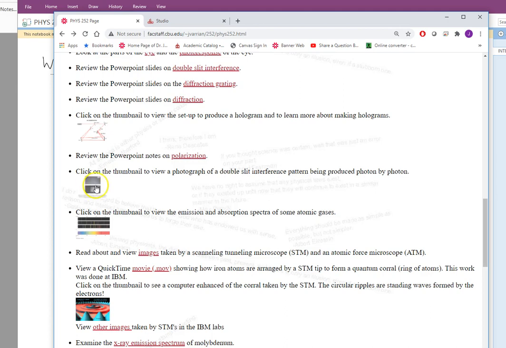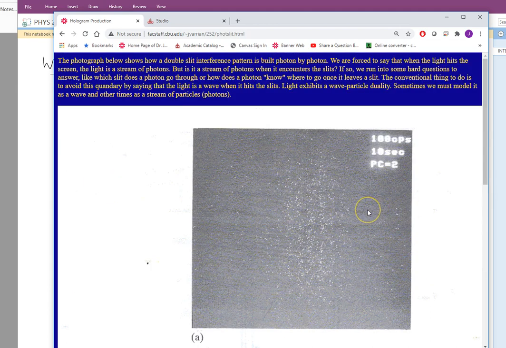But let me show you in this picture. What this shows is they set up the double slit experiment, but they do it in extremely low light level conditions, so that what hits their screen, their detector, these little dots, these are actual places where single photons are hitting the screen. And again, it's very, very low light level.